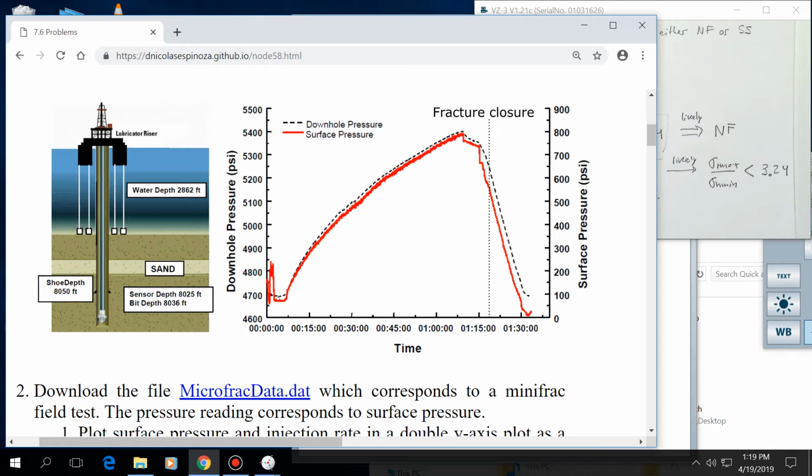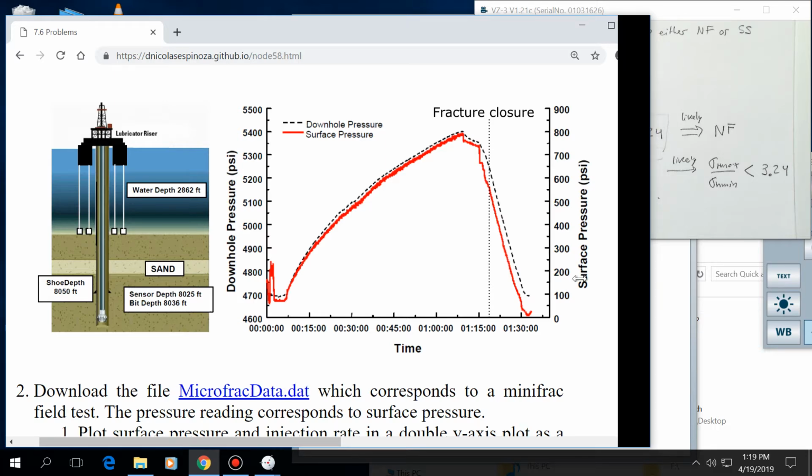So the takeaway message is that sometimes we need to calculate downhole pressure in order to know stresses, but most times you do the measurements on surface. In order to know the downhole reading, you always need to add the column of fluid in the wellbore, okay? And that's going to be the next example that we're going to see.